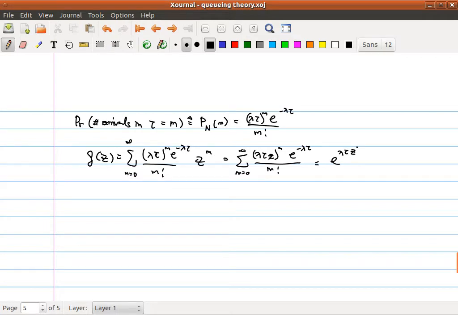Yeah. So therefore, since I multiplied by e to the minus lambda tau, I will just have e to the lambda tau times z minus 1. So that's it. It's a very nice expression here.